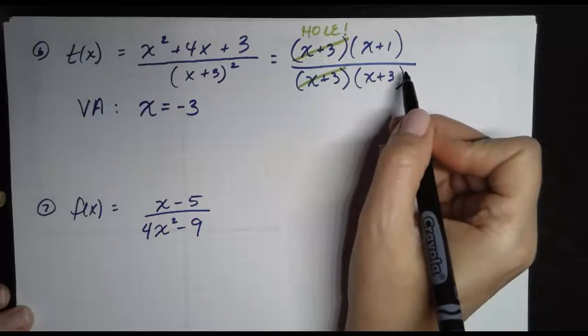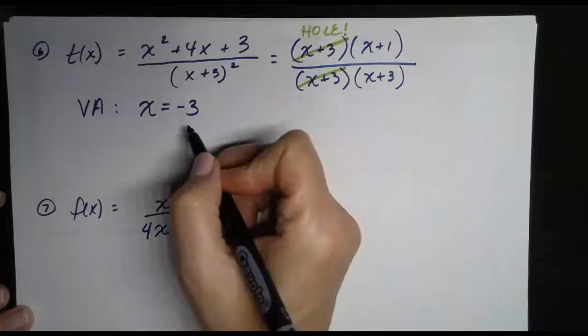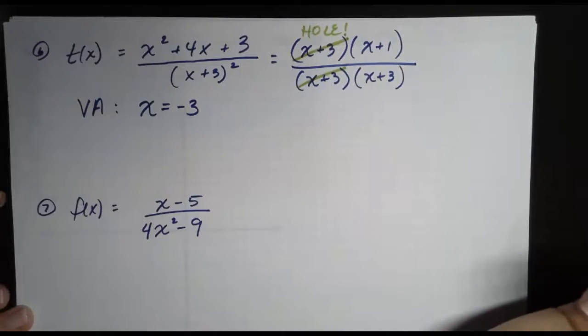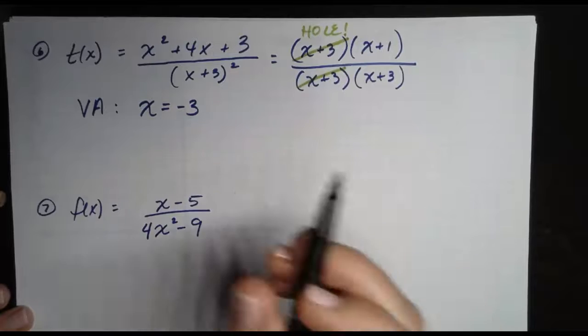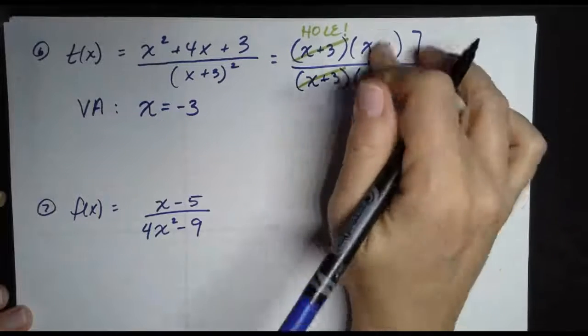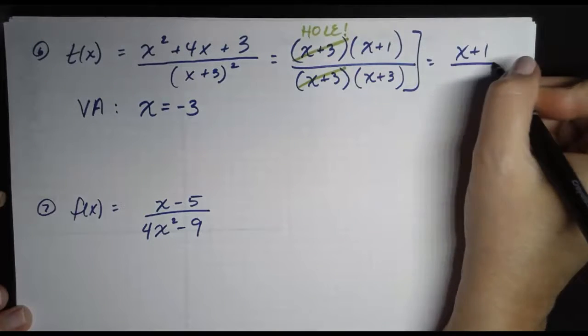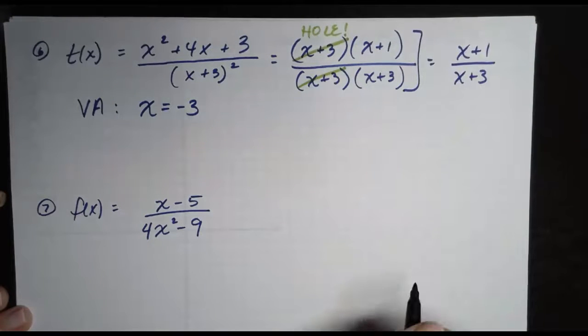If this would have been a different factor, then it wouldn't have just been an asymptote, it would have also been a hole. So maybe I'll have to do a whole other video just on that. So this is what we do call the simplified function. So the function simplifies to x plus 1 over x plus 3.